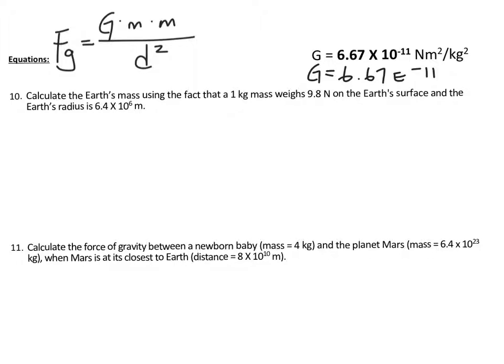Okay, so looking back at my first problem, it says calculate the Earth's mass. So right here, right off the bat, I want to know the mass of the Earth. Okay, now it says the fact that a 1 kilogram mass weighs 9.8 newtons on Earth. So here is another mass, my second mass.